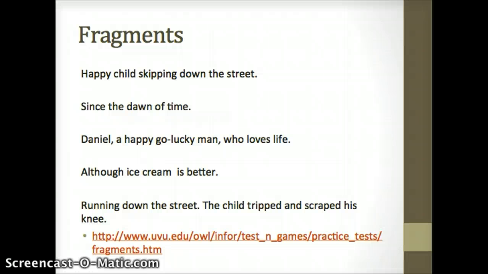So it sounds close to a sentence, but this is more of an image that we have that is incomplete. So if you said, the happy child skipped down the street, we're just changing a couple of word choices and the verb in particular to make it a more complete thought.